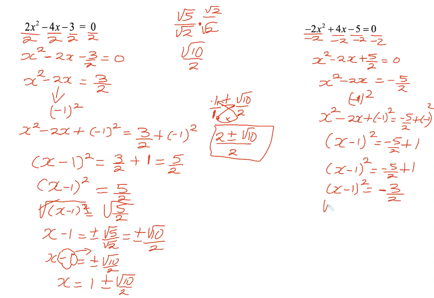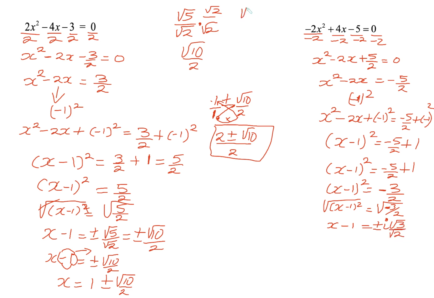Remember, we have to take the square root of both sides. This will be just x minus 1 equals, and again, you're going to have plus or minus. When you take the square root of the negative, you get i, so this is turning out to be imaginary. And then the 3 is not perfect and the 2 is not perfect, so I'm going to break it up, and it's going to be square root 3 over square root 2.